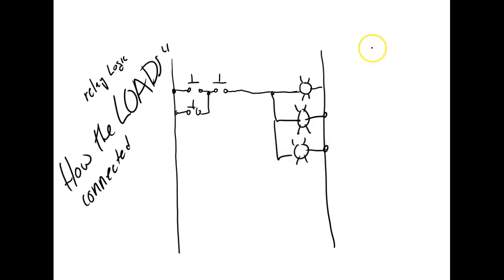What we don't have in motor controls, and we don't have in this PLC, is we'll never do this. We'll never have multiple loads on the same line. Now, each horizontal, we call this a line.